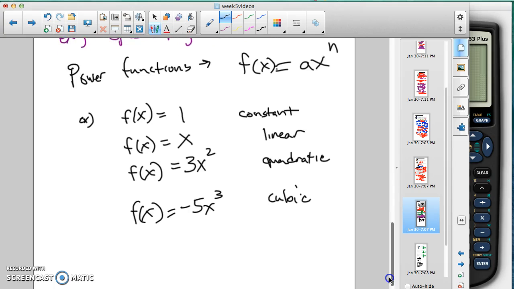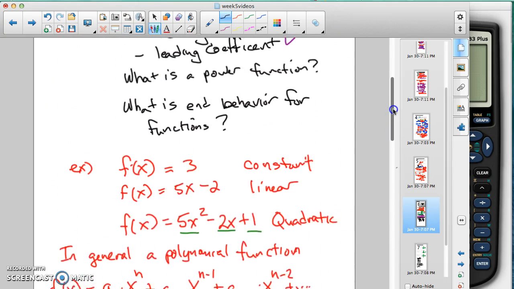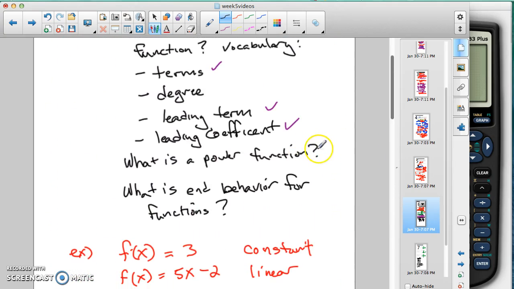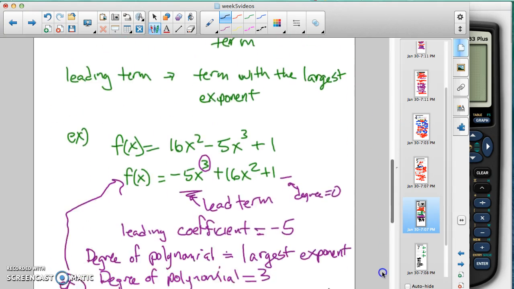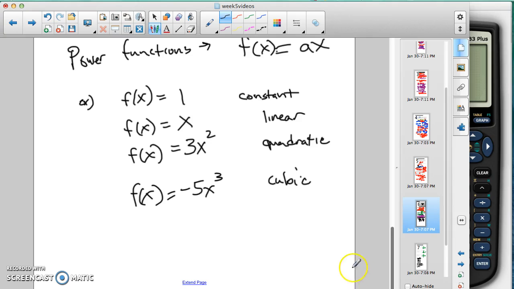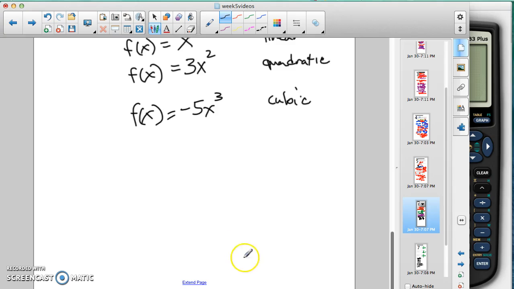Now we're going to look at end behaviors of these types of functions. So an end behavior is what happens to the graph of a polynomial function when we look at the right and left hand ends.